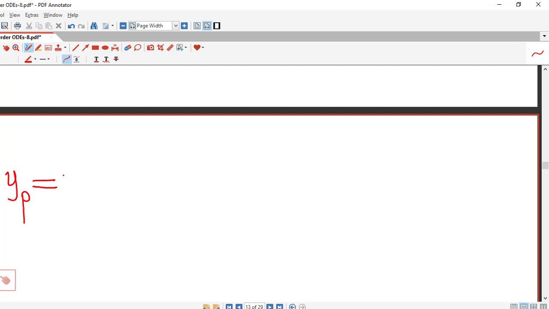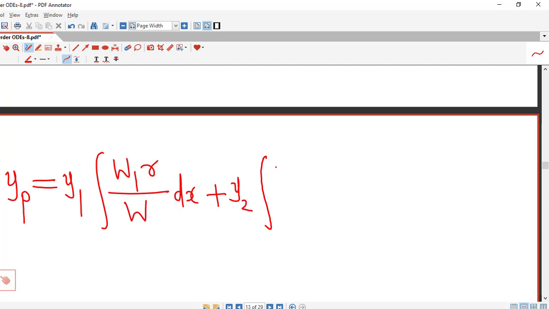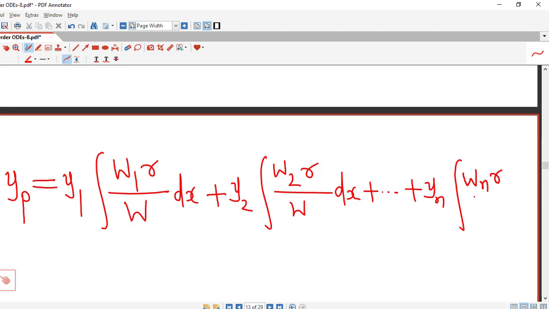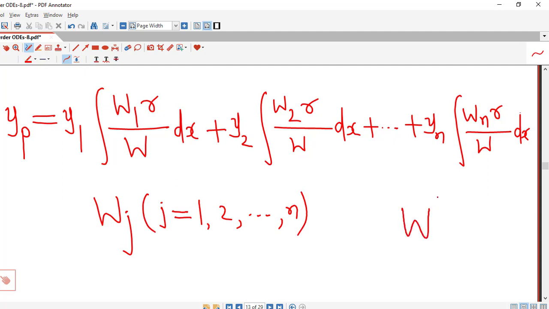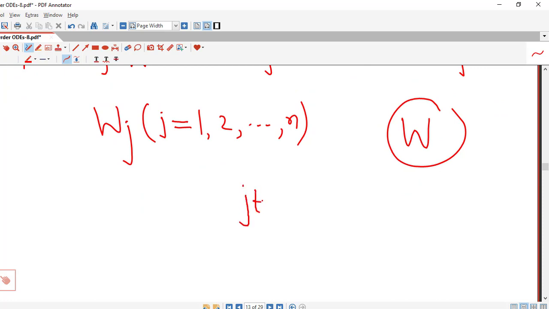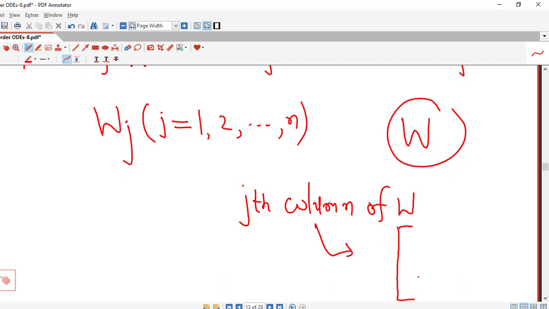Particular integral is given by yp equal to y1 times the integral of w1 into r over w dx plus y2 times the integral of w2 into r over w dx, and so on, yn times the integral of wn into r over w dx, where this wj for j equal to 1 to n is the determinant obtained from w by replacing the jth column of w by this column 0 0 0, where the last entry is 1.